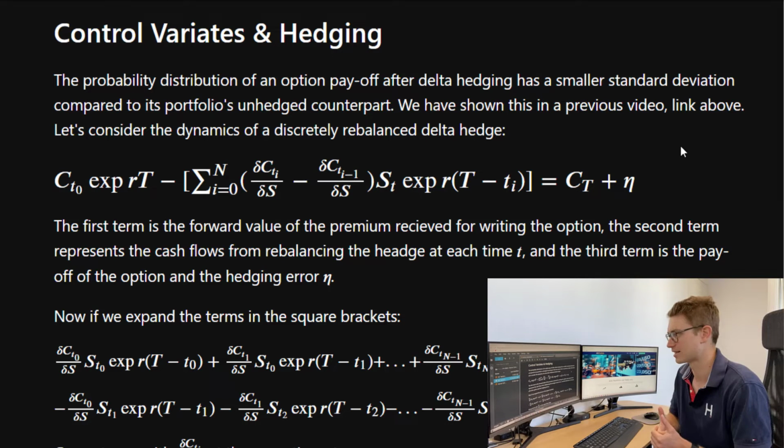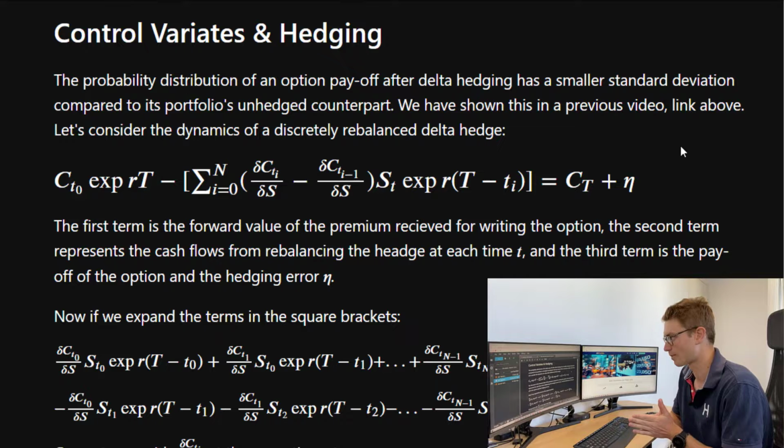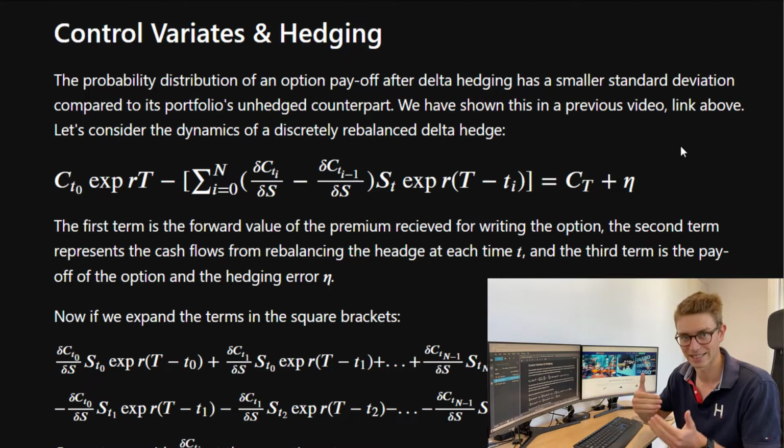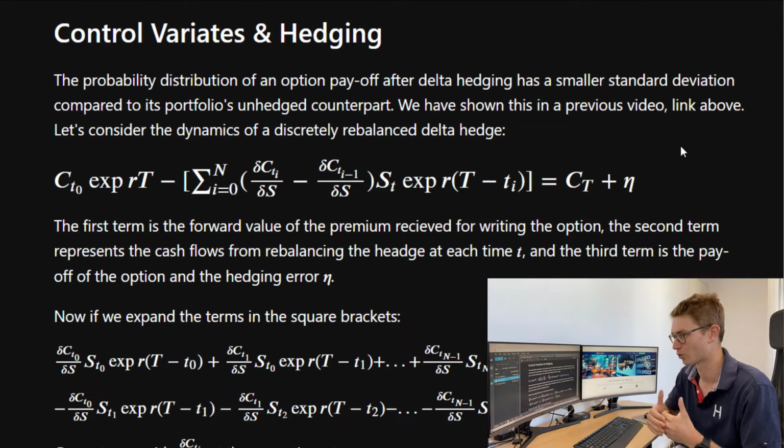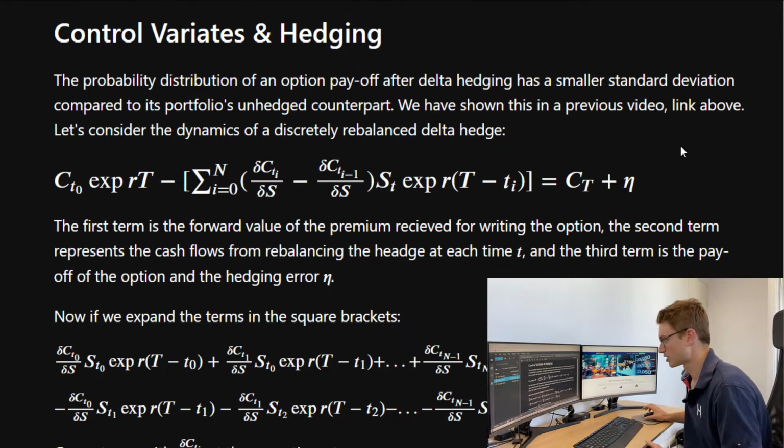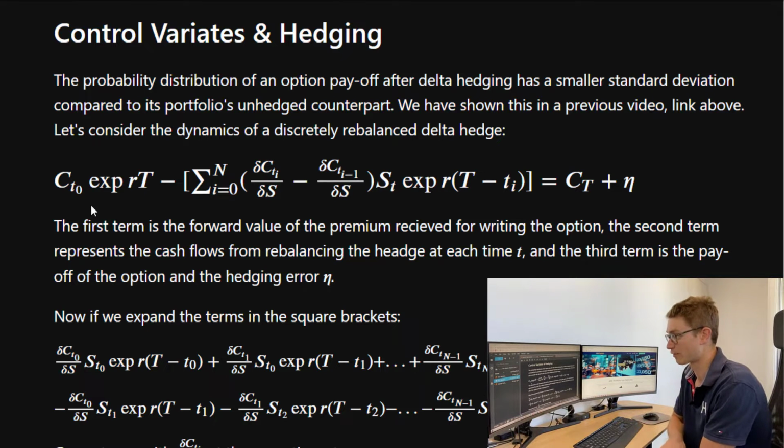So let's consider the dynamics of a discretely rebalanced delta hedge. What do I mean by discretely? Well, obviously we can't continuously hedge. The market's not open every minute of every day, and also it would be impractical with costs. So what we've got here is an equation. On the left-hand side, we have the premium, which is just the forward price of the premium.